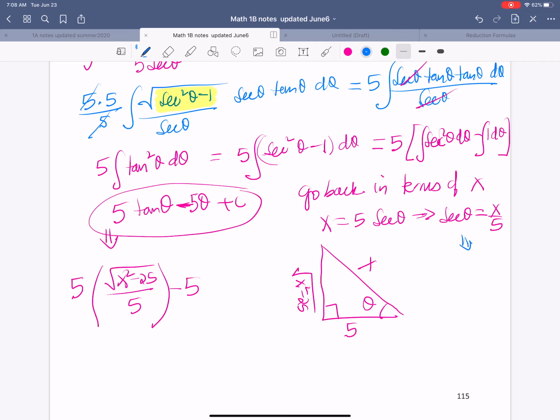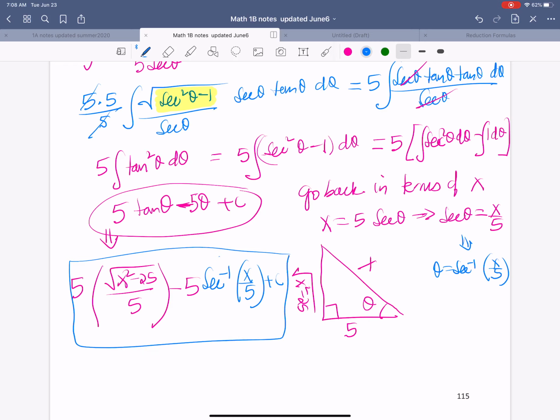So 5 times secant inverse of x over 5, plus a c. And that's our integral. We can get rid of these 5's, but what remains is our integral evaluated. And we got it back in terms of x.